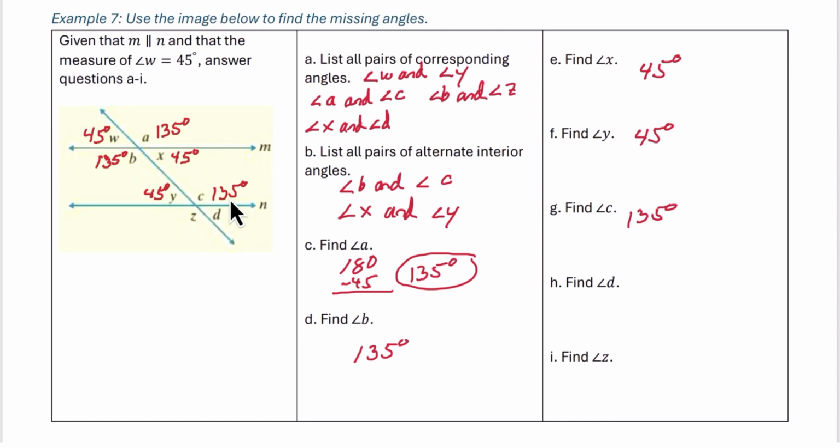Next, to find D, we can use the fact that we have opposite angles. D is going to be the same as Y, which is 45 degrees. And finally, Z, we can find a couple different ways. The easiest way is using the fact that it's opposite C, which is 135 degrees.